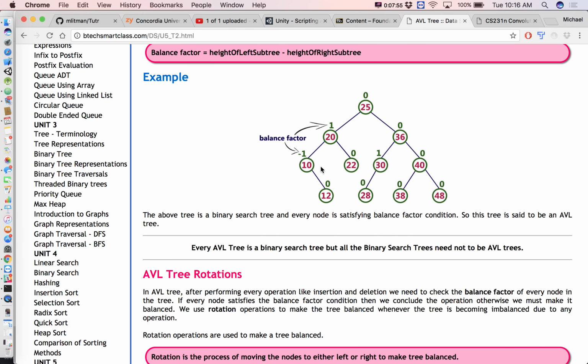It's not that this is a waste of time by any stretch of the imagination, but because of the nature of these, I probably will not ask mechanical questions about them on the final exam. What I might ask is, what does it mean for a tree to be a self-balancing tree? Or what's the advantage of it?